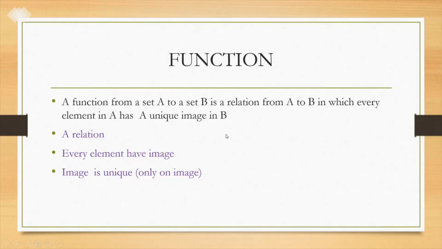So what is a function from A to B? In short, we can say these 3 things. First, a function from A to B is a relation. We know that for a relation we have the concept of image.